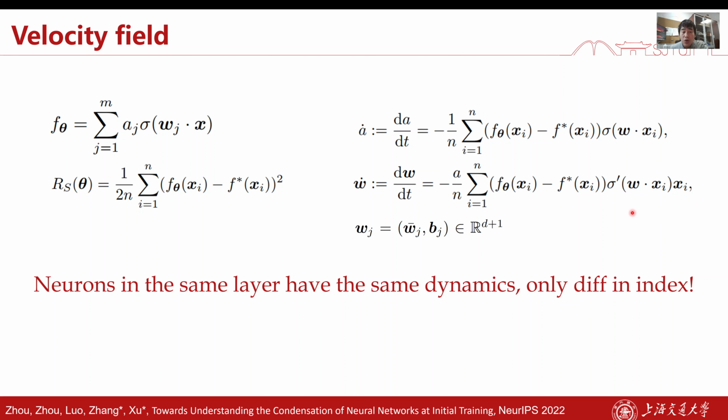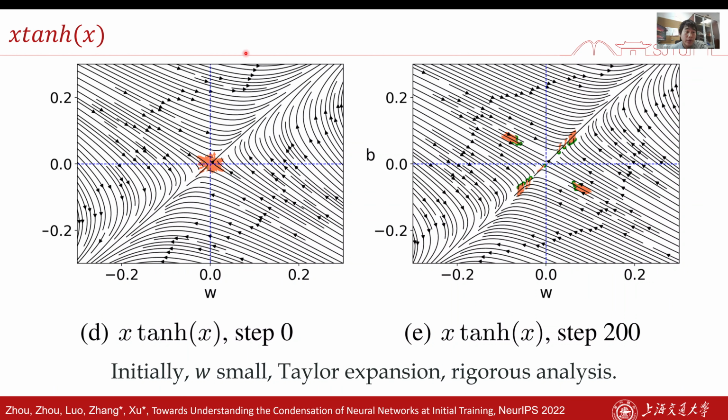We can plot the gradient field of this input weight. That is, once we have a specific W and A value, we can obtain this gradient. This is W and this is B. And this is the gradient field, meaning this point here has values here, and its gradient is towards this direction.